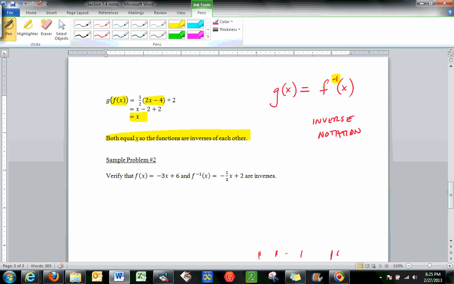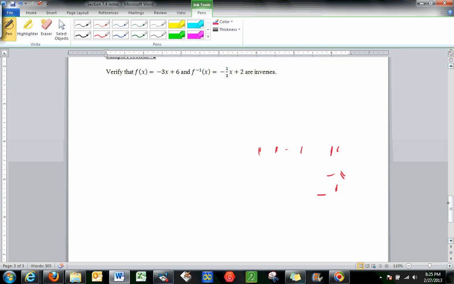Okay, so in this last example, all we want you to do is practice using composite functions to help prove or verify, as the directions state, that they're inverses of each other.